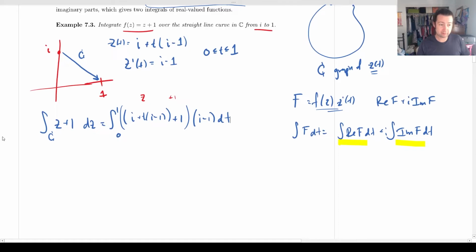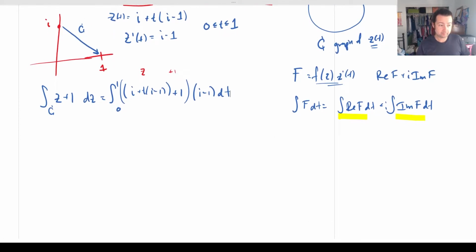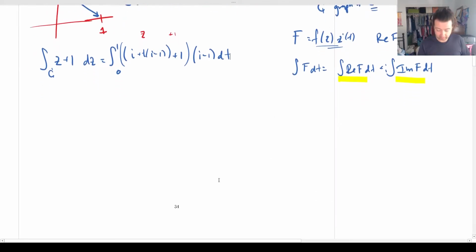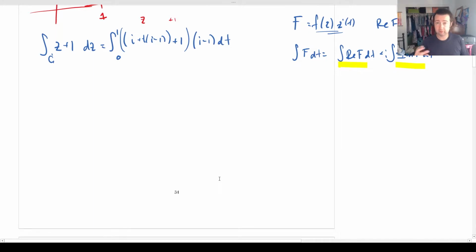So if I do some algebra here, and I separate the real and imaginary halves in order to use real calculus, technically I'm supposed to sort this explicitly into real and imaginary parts. So if you expand this all the way out and you sort it into real and imaginary parts, then you end up with this.